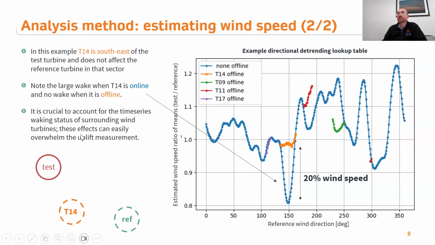So even 1 or 2 hours of data with that huge change can easily overwhelm the 1 or 2% uplift that you're attempting to measure. But luckily, the windup tool can do all of this automatically as long as you provide the SCADA data for all of the turbines and provide their lat-long coordinates. Then the windup tool can do all this.